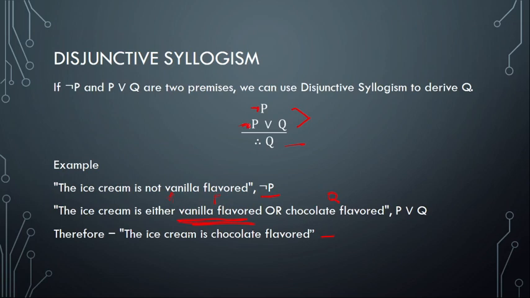Therefore, Q, so the ice cream is chocolate. Disjunctive syllogism.